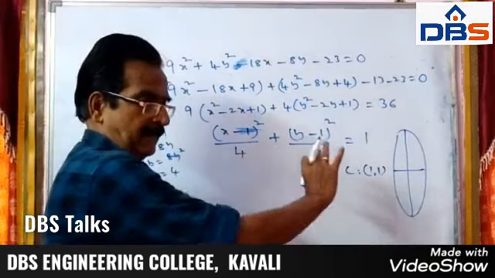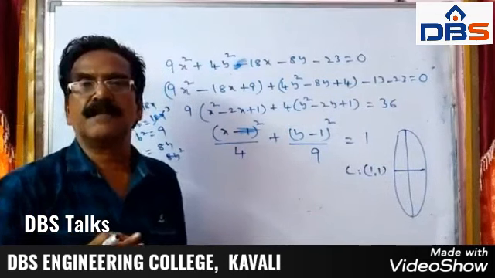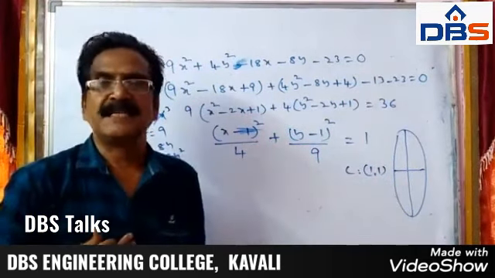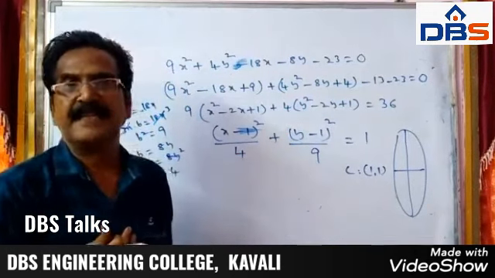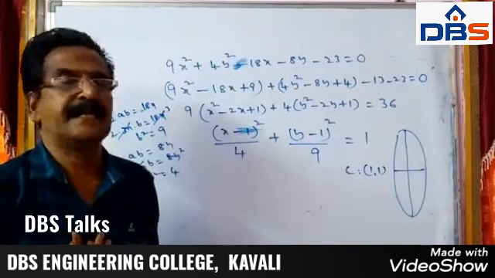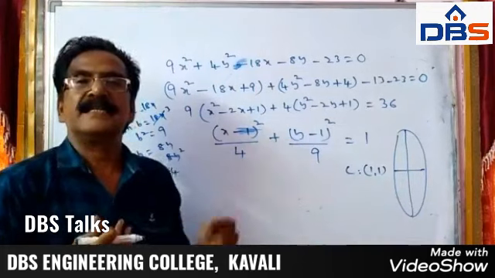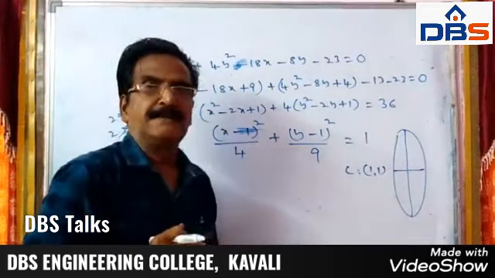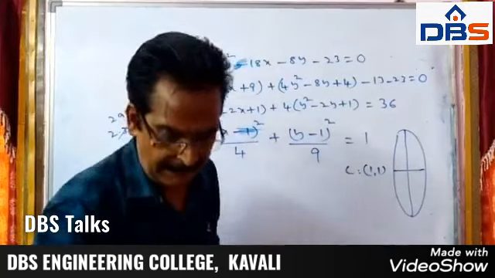For our normal ellipse, the equations of the latus recta are x is equal to plus or minus ae. But this is a vertical ellipse, friends.